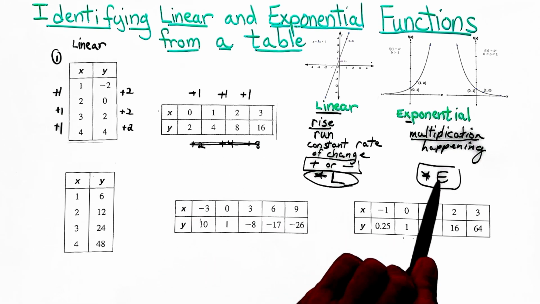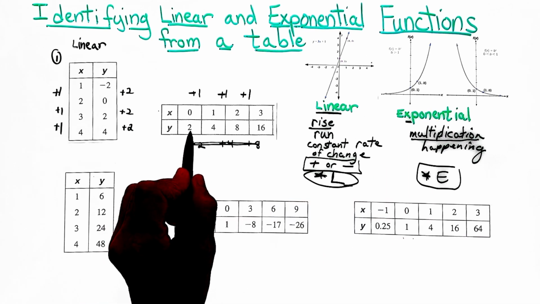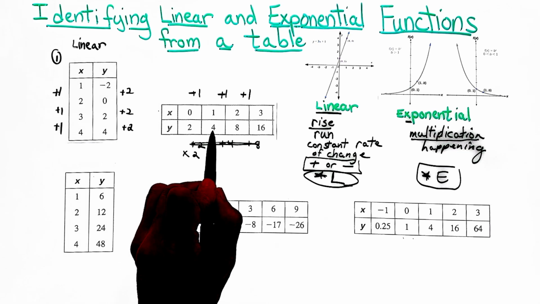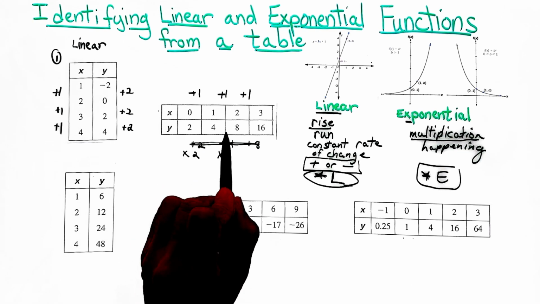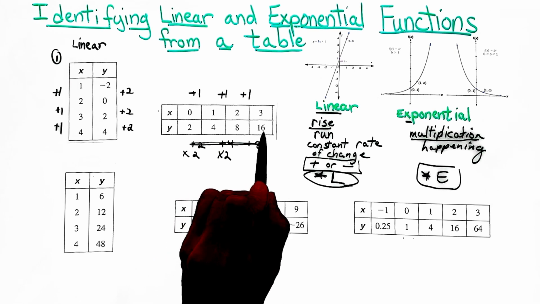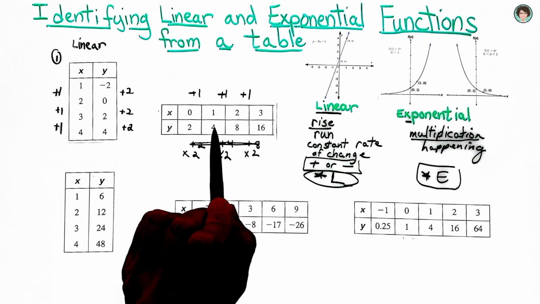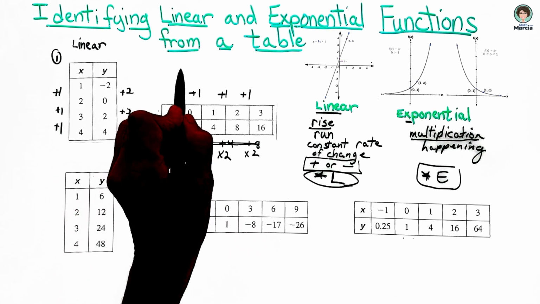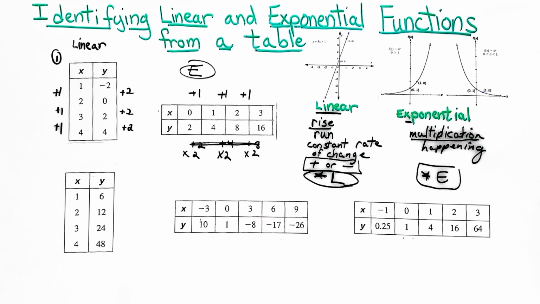So now let's see if it actually is exponential with multiplying. Well, notice 2 times 2 is equal to 4, and 4 times 2 is equal to 8, and 8 times 2 is equal to 16. So this graph definitely is going to be exponential. And I am just going to go ahead and put my E there for exponential.